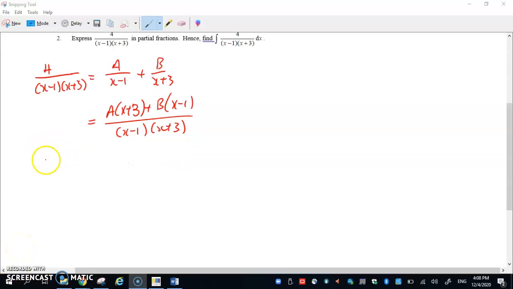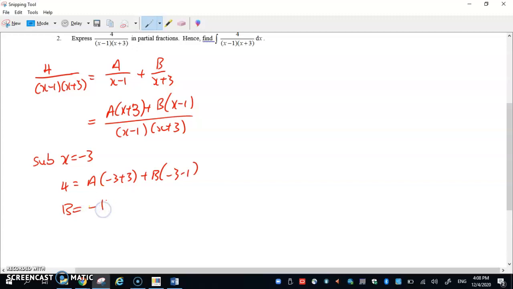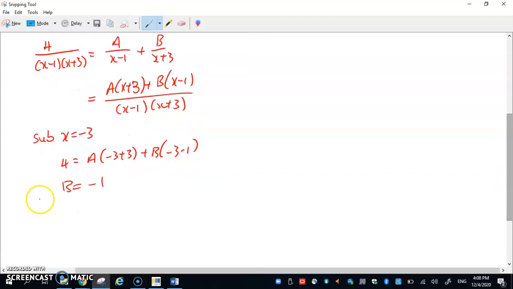If you use a suitable substitution, substitute x equals minus 3, we have 4 equals a(minus 3 plus 3) plus b(minus 3 minus 1). What we get is actually b equals negative 1. Alright, the next part is to sub x equals 1.